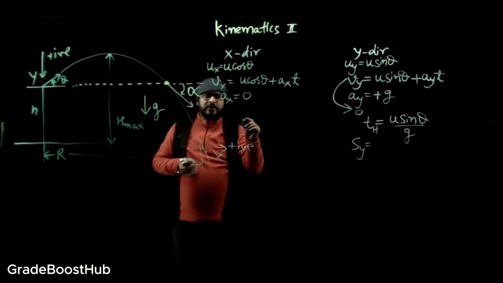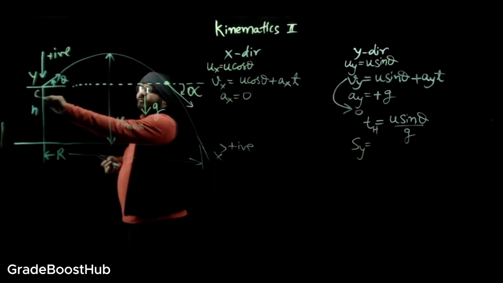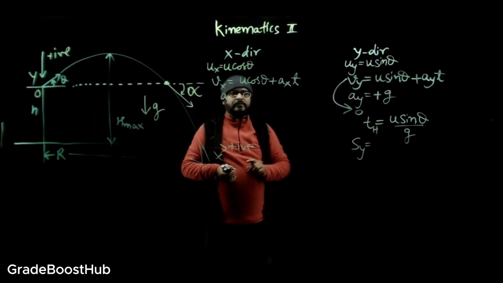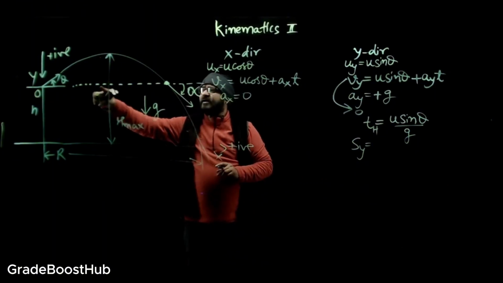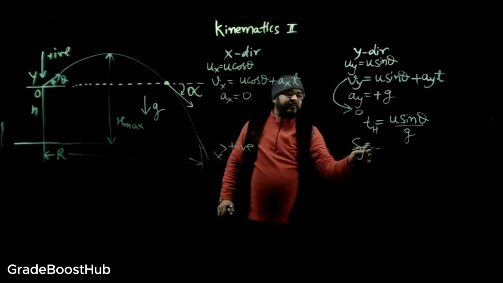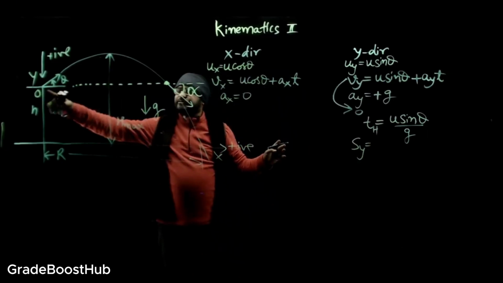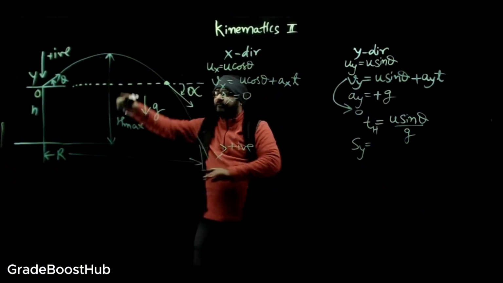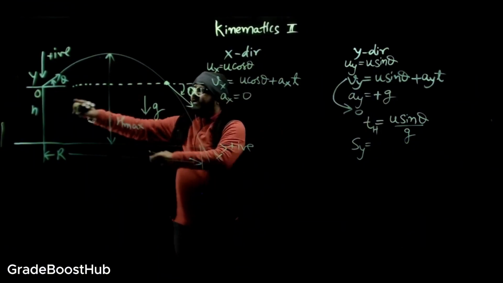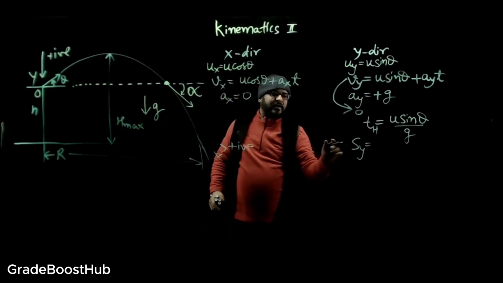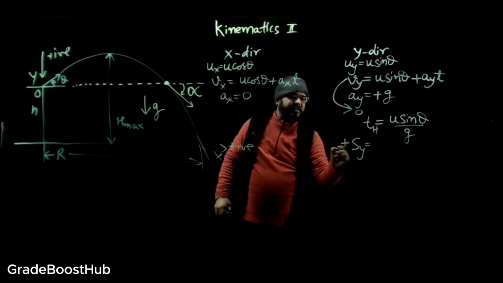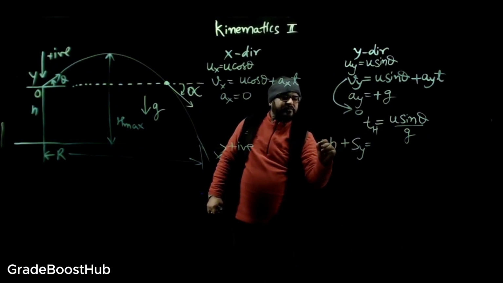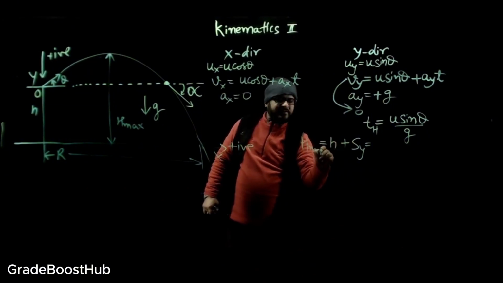Now, according to my coordinate system, this is my origin. So I have to add an extra height h. Currently, I will get Sy with respect to my origin, which says that this is the 0. But if I have to report h max with respect to ground, then I have to add in Sy also h. So this is actually my h max.